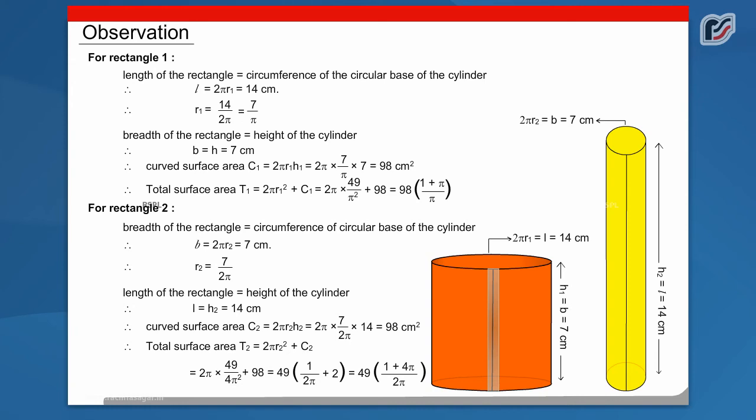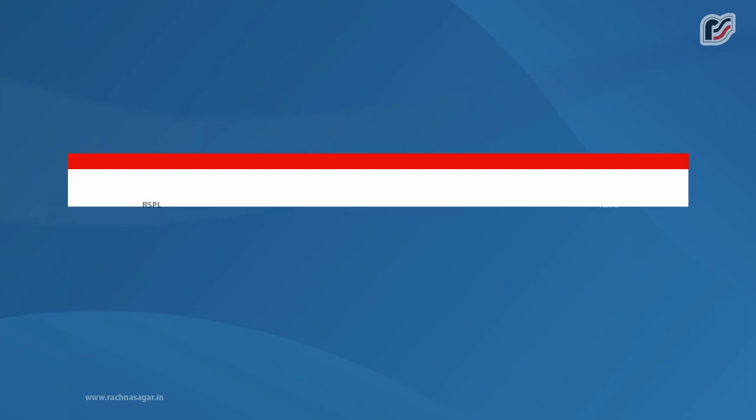Therefore, total surface area T2 is equal to 2 pi r2 square plus C2, equal to 2 pi into 49 by 4 pi square plus 98, equal to 49 into (1 by 2 pi plus 2), equal to 49 into (1 plus 4 pi) by 2 pi.